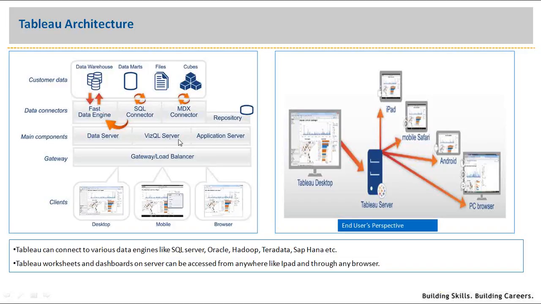Those are the main components here. On the next level we have the fast data engine, SQL connector, and MDX connector, which is mainly the database connectivity layer. Tableau can read data from data warehouses, data marts, files, and cubes.